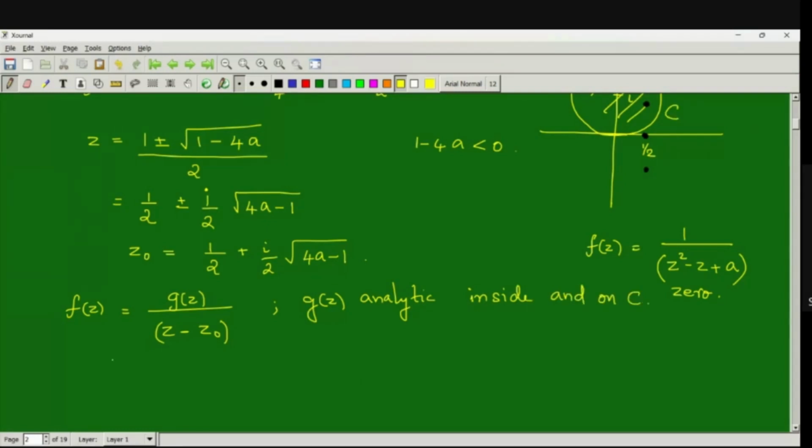Now what is this g(z) actually? Of course, this is z minus z naught into f(z). The roots were z naught, and let me call z1 equal to 1 by 2 minus i by 2 square root of 4a minus 1. So g(z) is actually 1 by z minus z1. Agree?